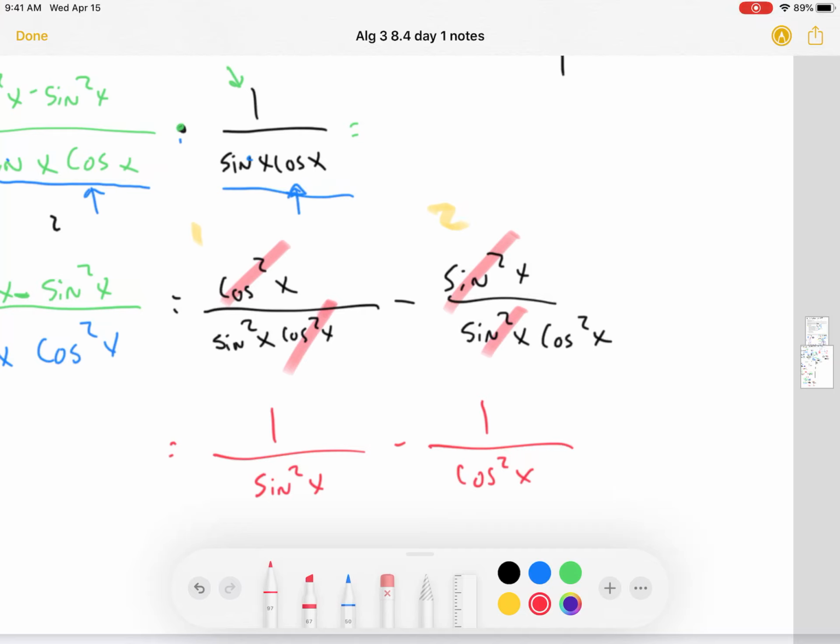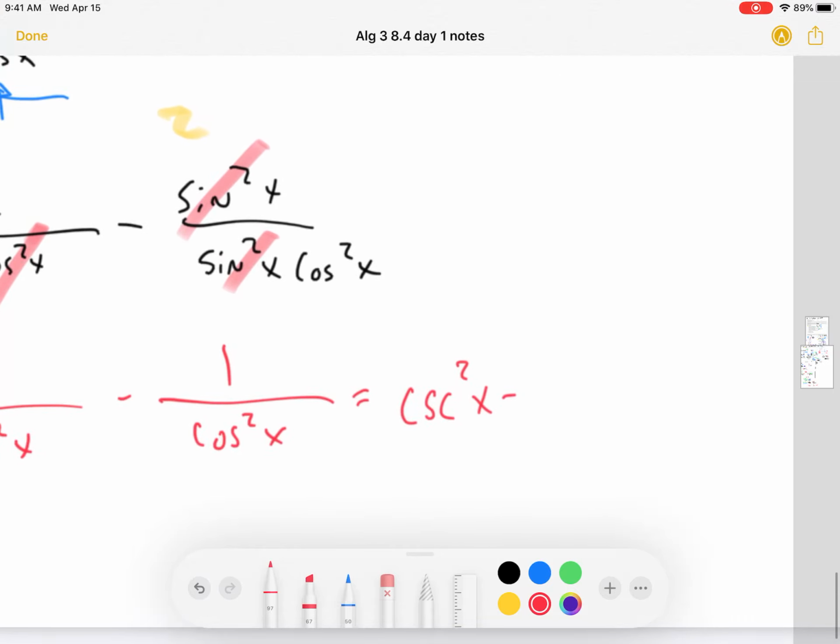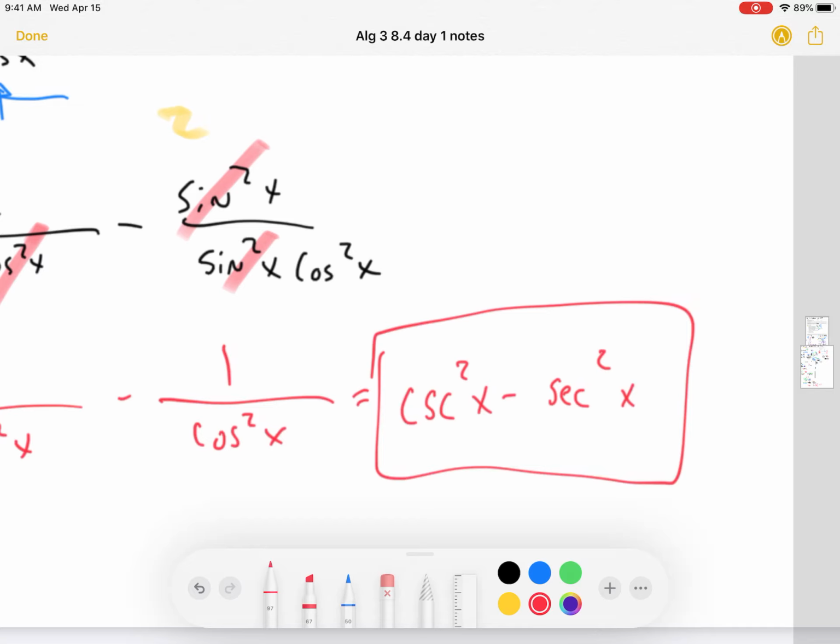We can make 1 over sine turn into cosecant, and 1 over cosine turn into secant. So 1 over sine squared is cosecant squared x minus 1 over cosine squared is secant squared x. That would be your final answer.